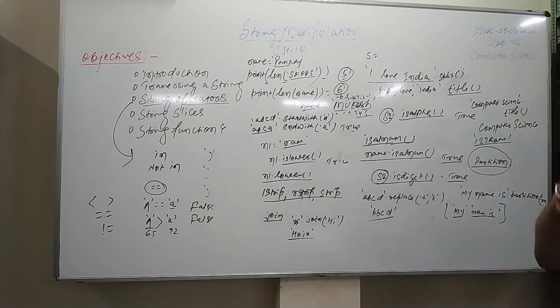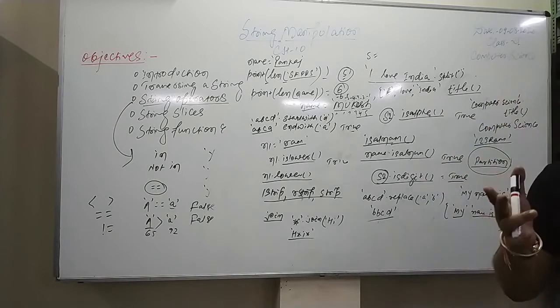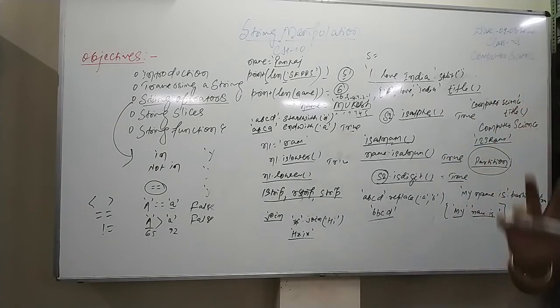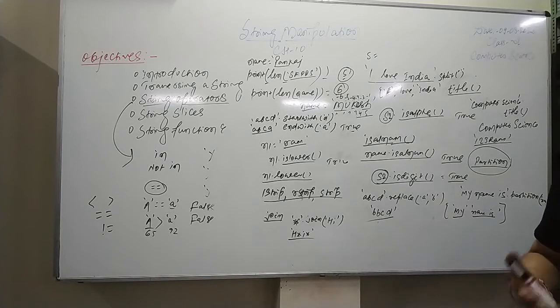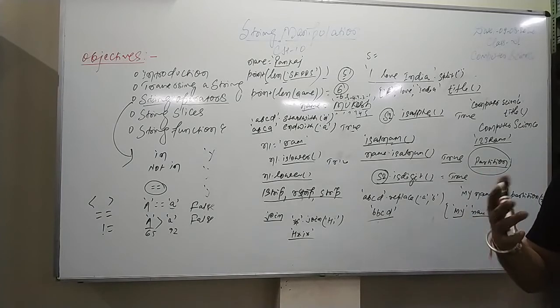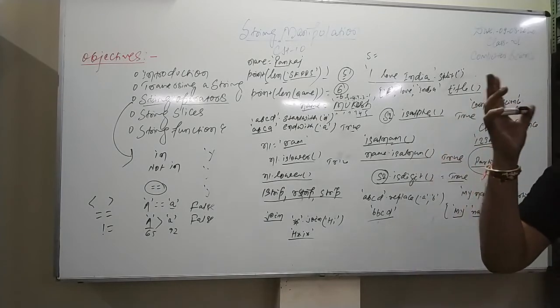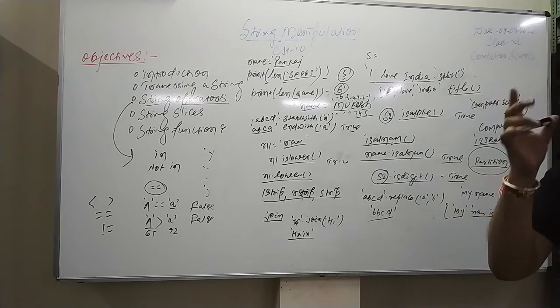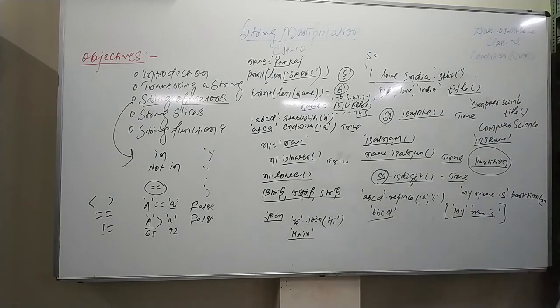Islower simply checks the occurrence of the characters in lowercase. If all are in lowercase, it will give you true. Isspace, if there is a space in the string, it will give you true. And isupper will again let you know if the string's contents are in uppercase: true. Lower simply converts into lower, upper simply converts into upper.